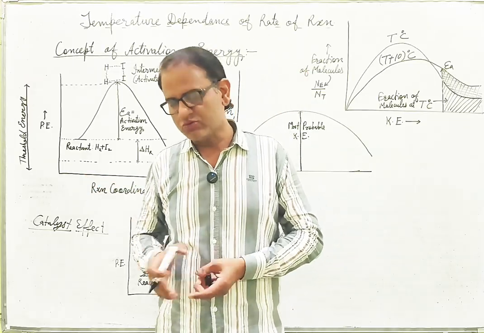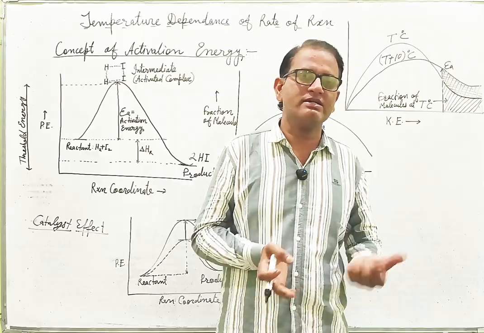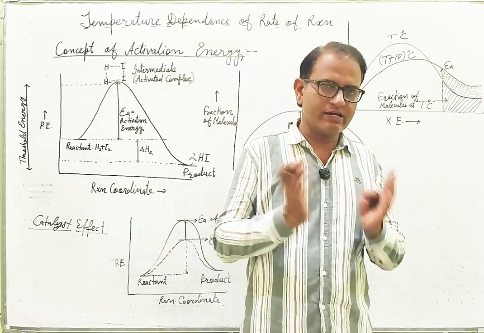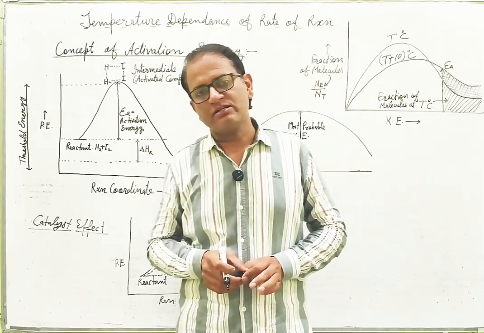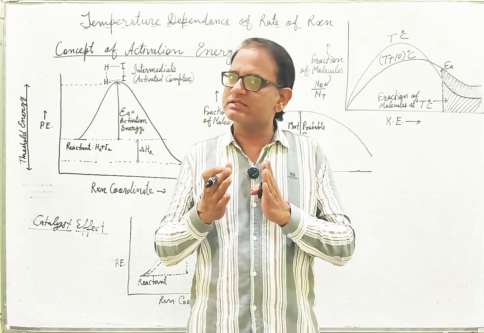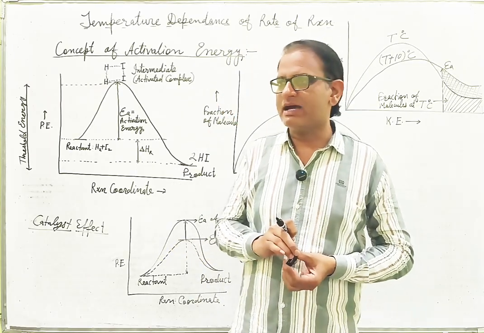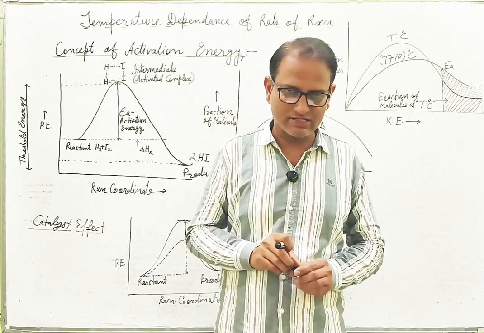The reactant already has a certain amount of energy, which is called its potential energy. Then it needs some extra energy, and that extra energy is actually called the activation energy.